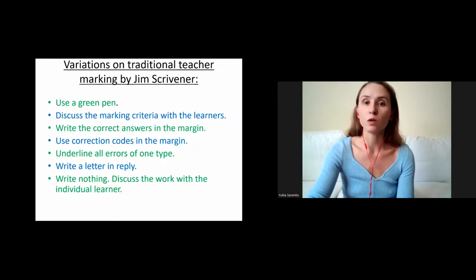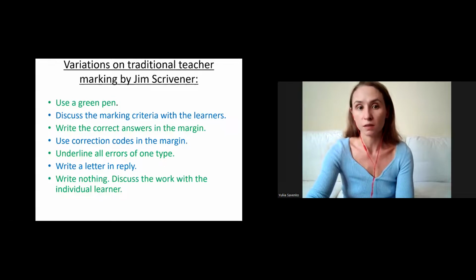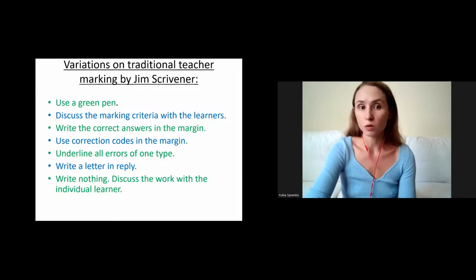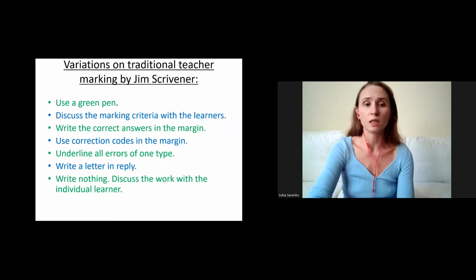So, variation on traditional teacher marking by Scrivener. We need to use a green pen. We should discuss the marking criteria with the learners so they understand the right, correct answers. Use correction codes, letters, I will show them later.